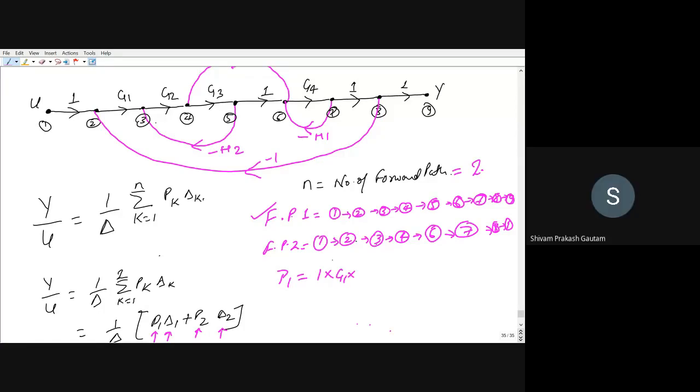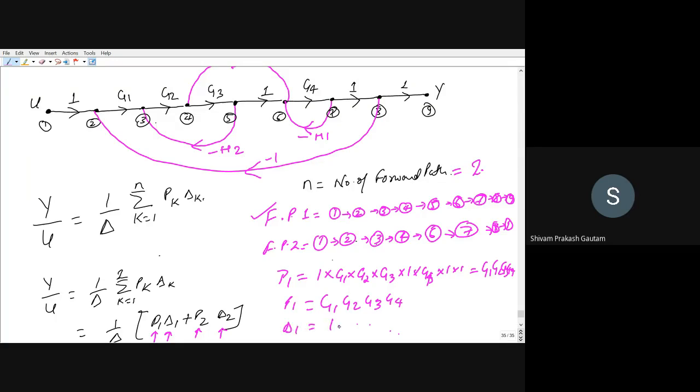From 3 to 4? G2. Similarly, you can multiply G3 into 1 into G4 into 1 into 1. So you can write G1, G2, G3 and G4. This is your P1.